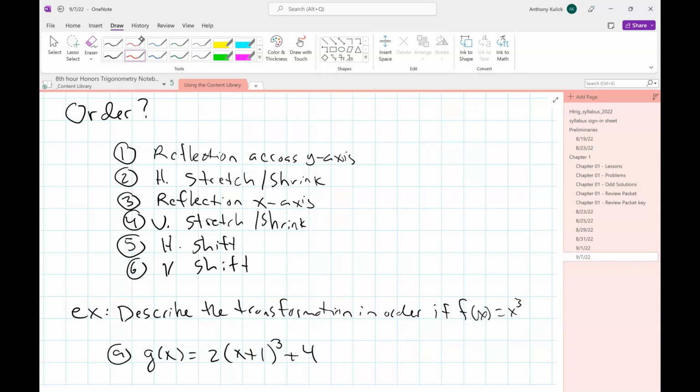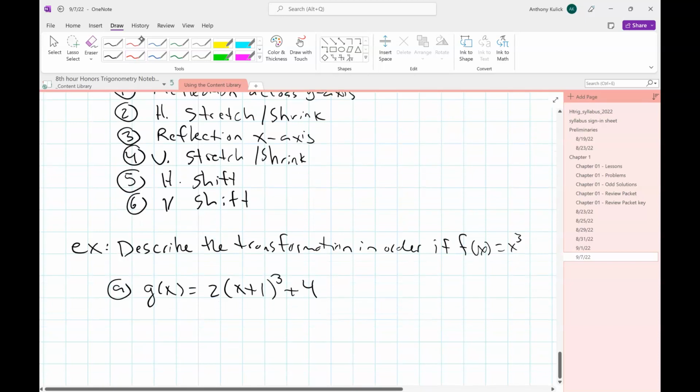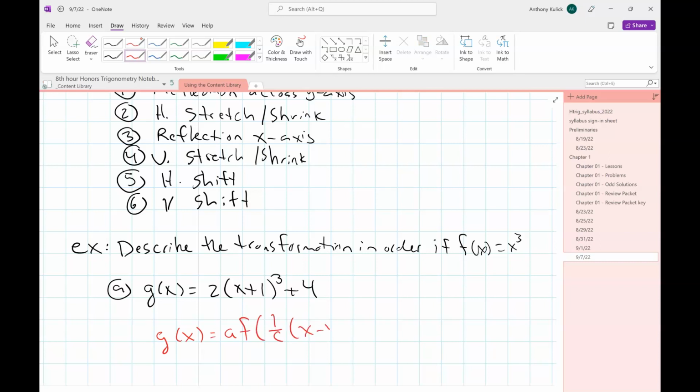All right. So it says describe the transformation in order if f of x is equal to x cubed, and our transformed function is 2 times the quantity x plus 1 cubed plus 4. So the key here is going to be identifying the values for A, C, H, and K, which I'm going to get by reading off my function.